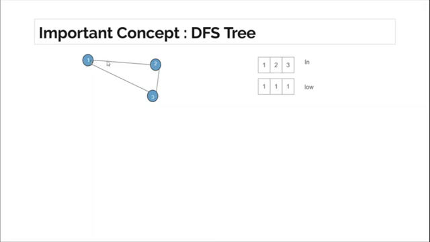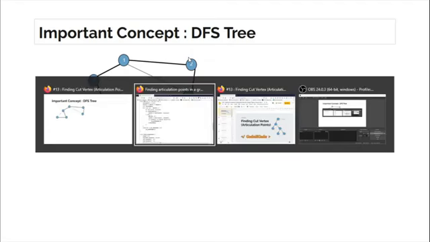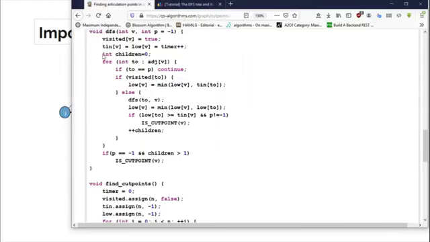From node 1 you would make a DFS call to this and this, so node 1 would have only one subtree in this case. That is why the root would not be the articulation point in that graph, but in this graph the root would be the articulation point, because in the DFS tree it has two different subtrees. So that is why we have a children count, which basically counts the total number of subtrees rooted at this node.